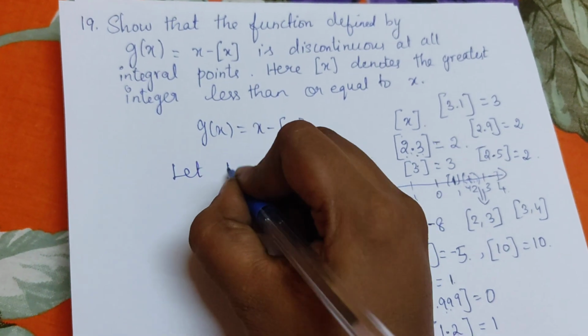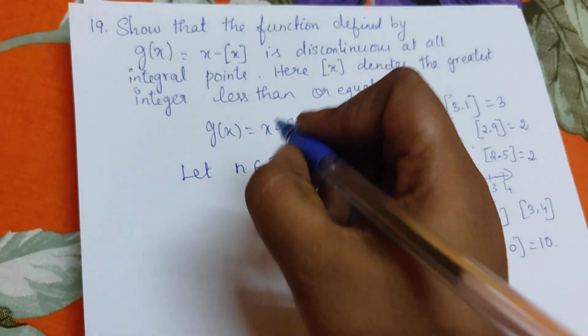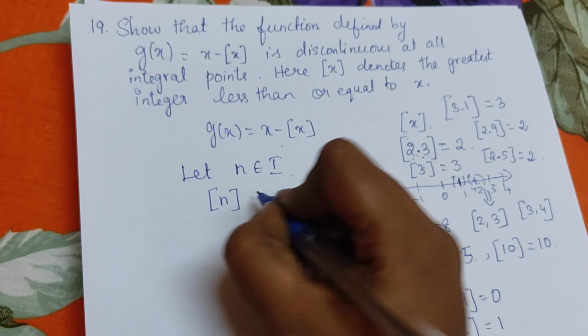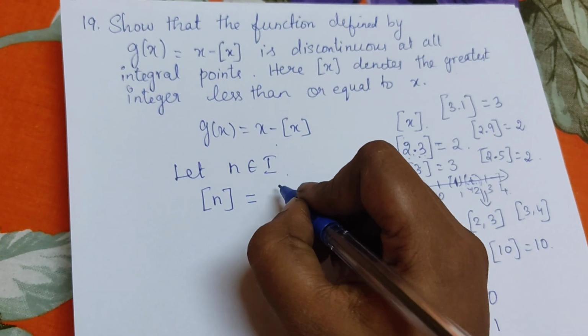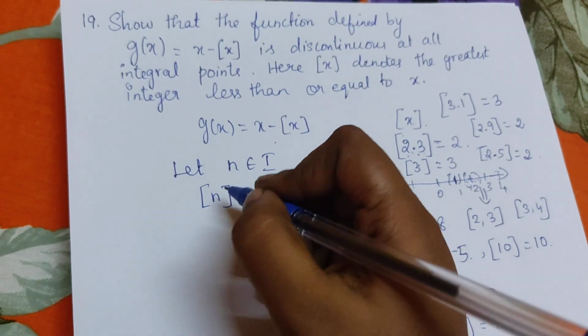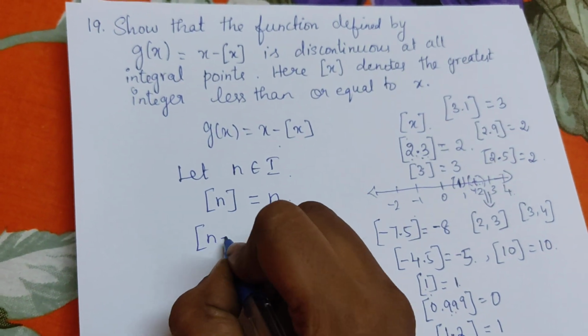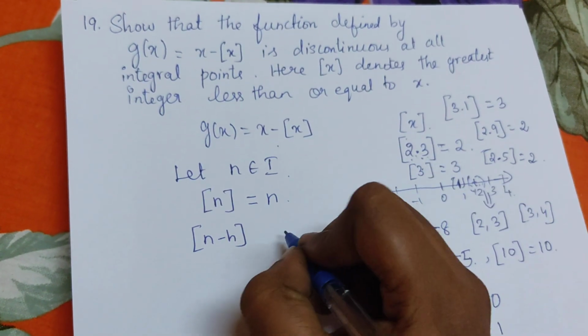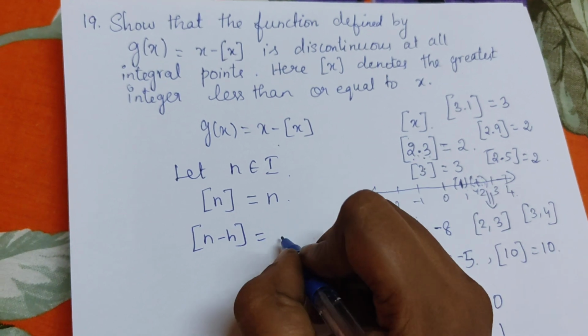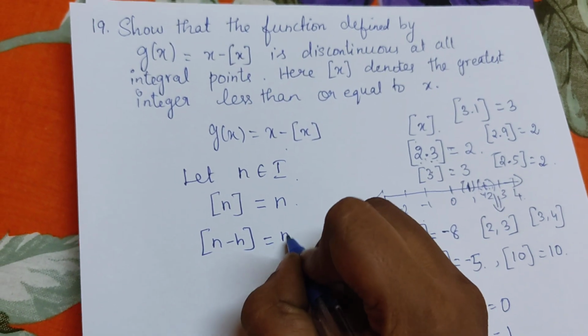Let n belong to the integers. The greatest integer function for this n will be n, as it is an integer. In the left hand neighborhood, n minus h, we will have the value of the box as n minus 1.